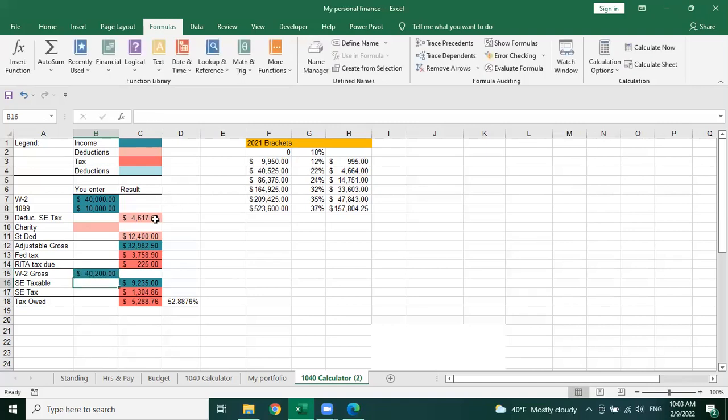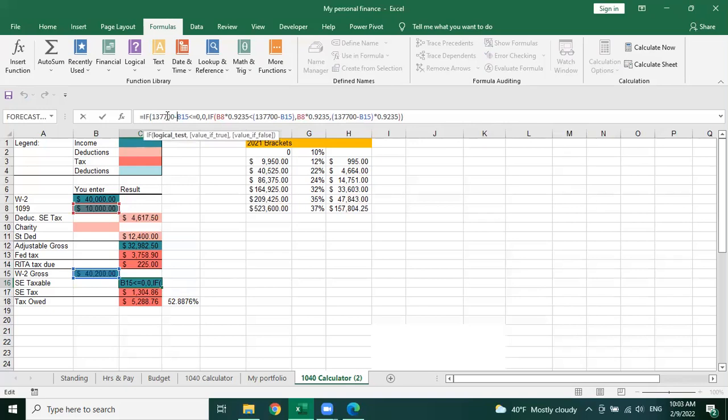I'm just making up numbers. If the max taxable minus our gross, in other words, if our job pays us the full taxable amount of Social Security or greater, which means you don't have to pay Social Security taxes on our 1099. That's what this is.